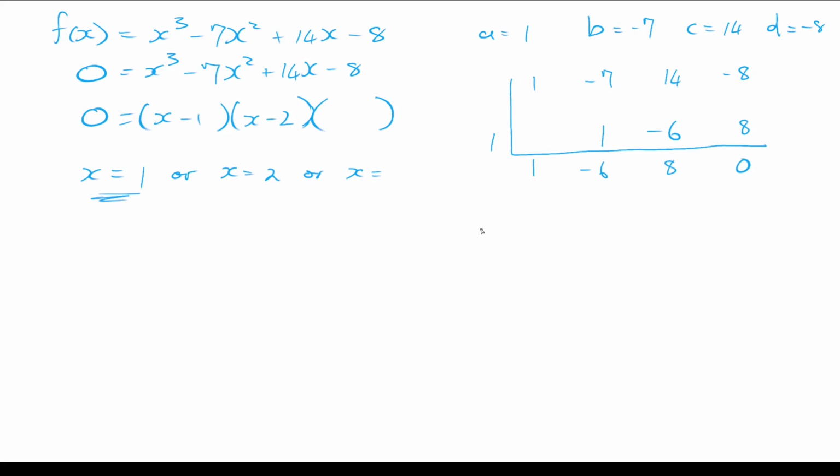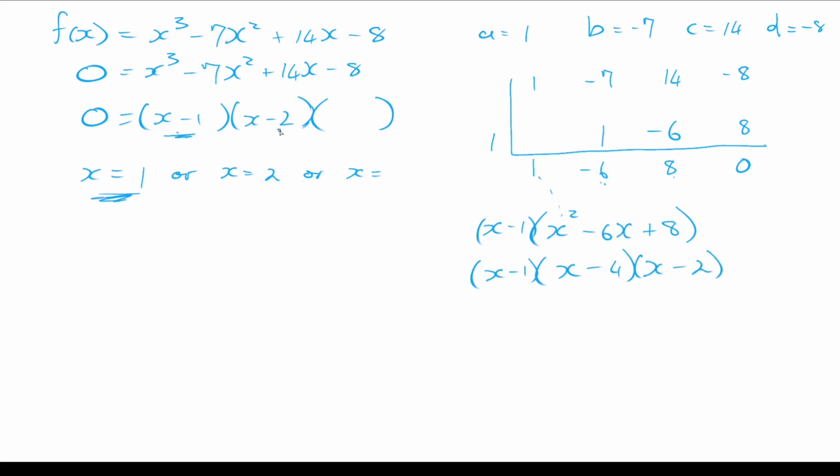Then I scribble, I say, okay, I used this guy, so that's that bracket, (x - 1). And I am left with x squared, this guy's for x squared, this guy's for x, this guy's for the constant: x^2 - 6x + 8. Then I factorize this: (x - 4)(x - 2).